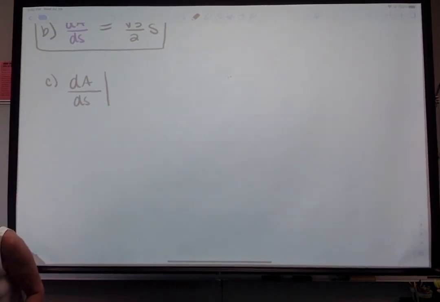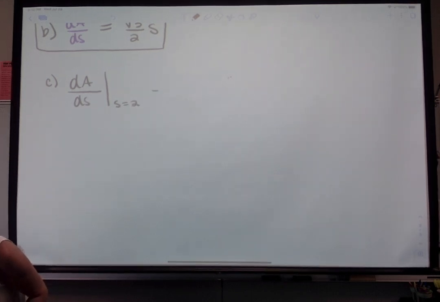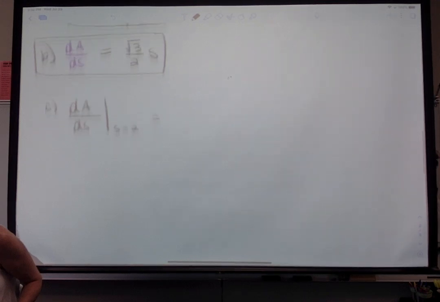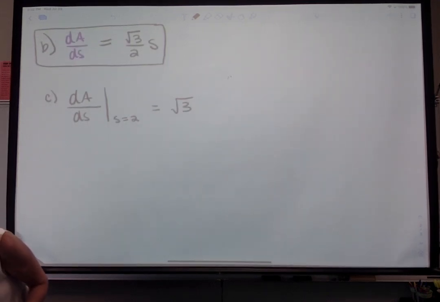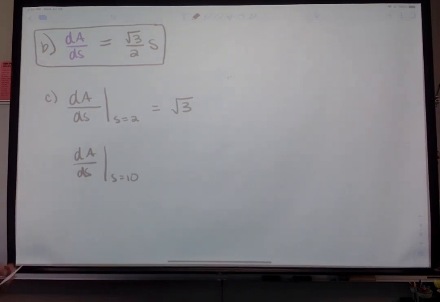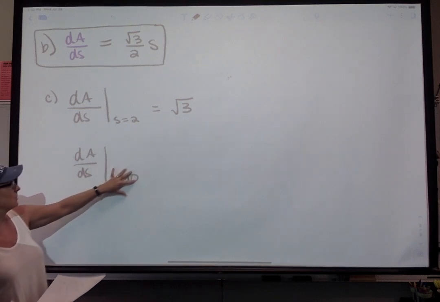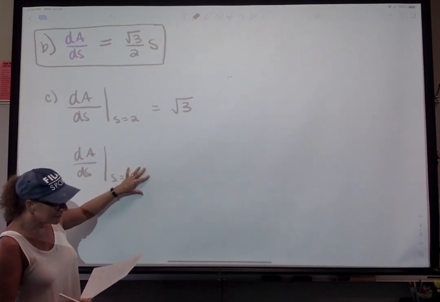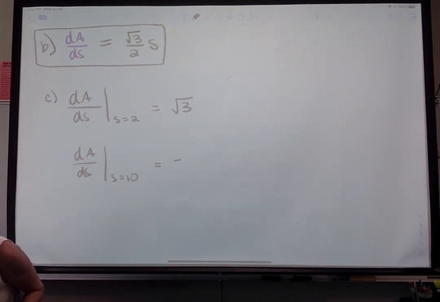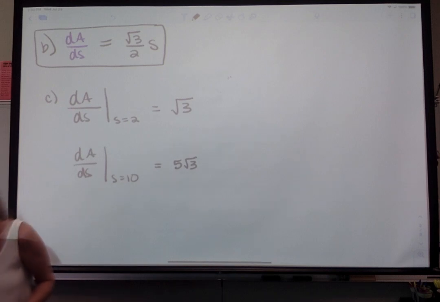So dA/ds evaluated at s equals 2 is, let's see, plug in 2, the 2's cancel, I get radical 3. Label it, so no random math. Plugging in 10, I get 5 radical 3.